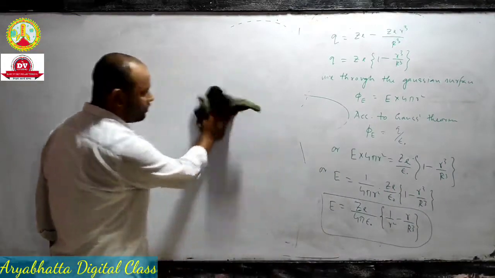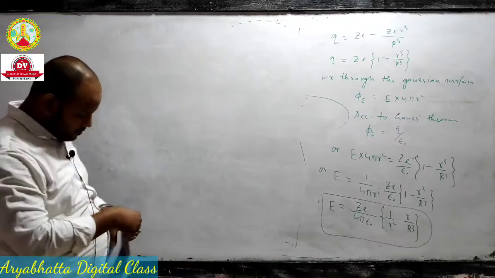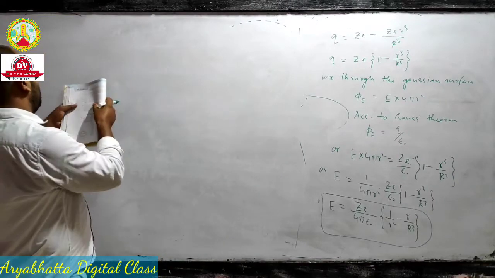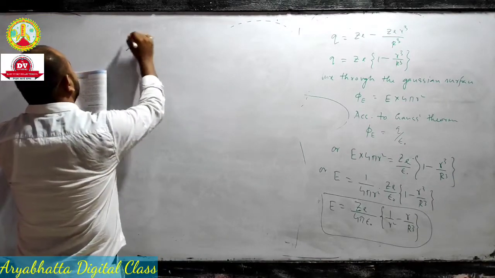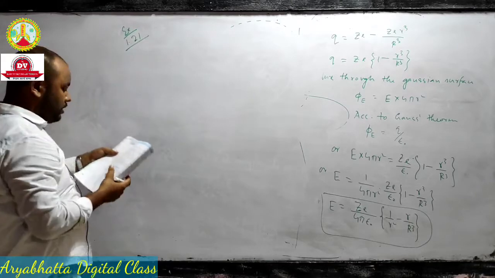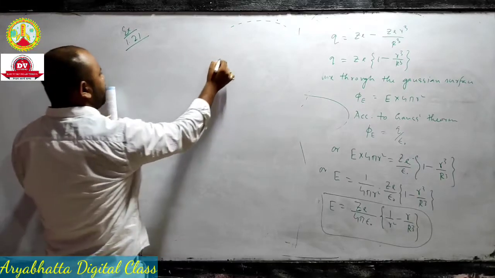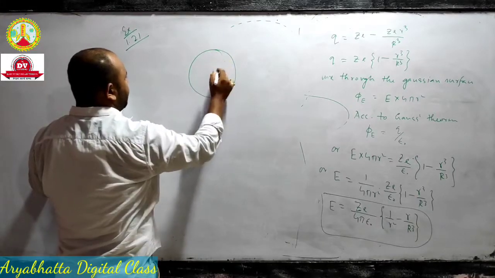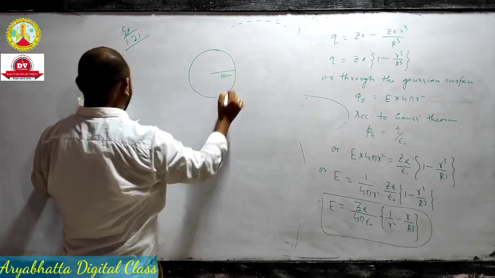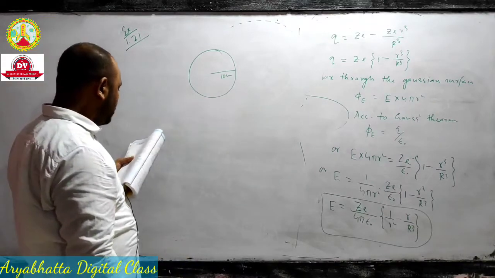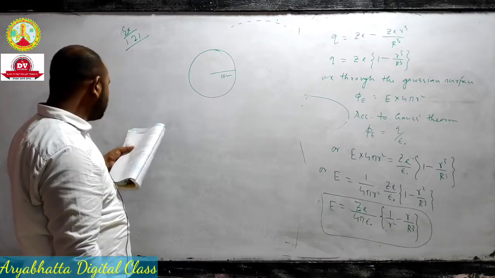This is the question from exercise 1.21. In this question, we have given a conducting sphere of radius 10 centimeter, which has unknown charge.